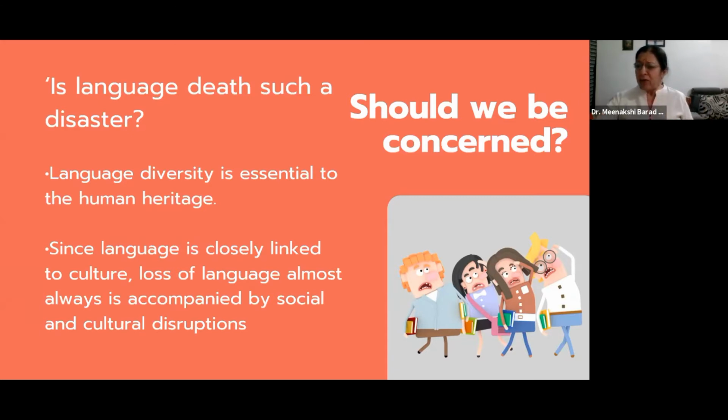And therefore, those concerned about language endangerment recognize the implications of the loss of linguistic diversity, both for the linguistic and social environment generally, and for the academic community, which is devoted to the study of human language as phenomenon. So, in this way, the extinction of a language results in the irrevocable loss of unique cultural, historical, and ecological knowledge.